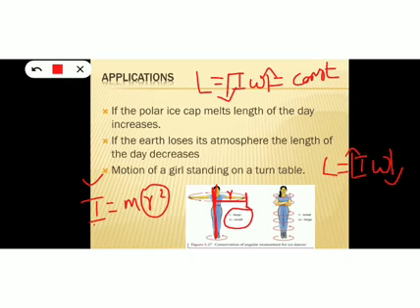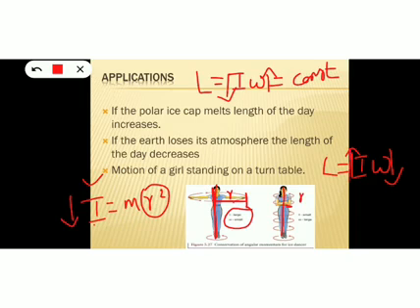But at the same time, when she withdraws her hands, when she brings her hands close together, what will happen? Yeah, this R will decrease now, because this is the axis of rotation and R is less now. So consequently moment of inertia I will be less.